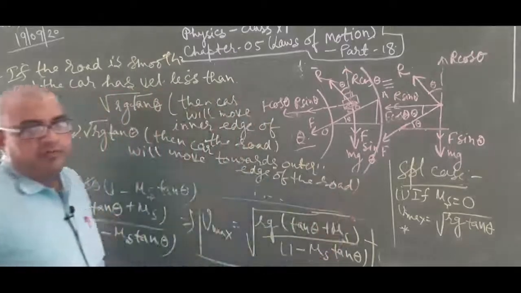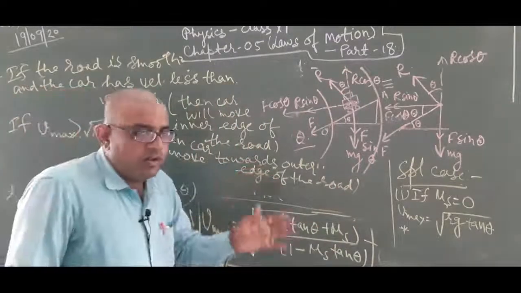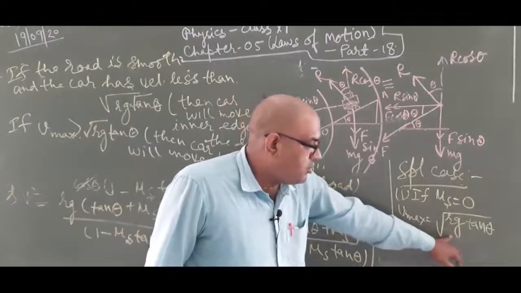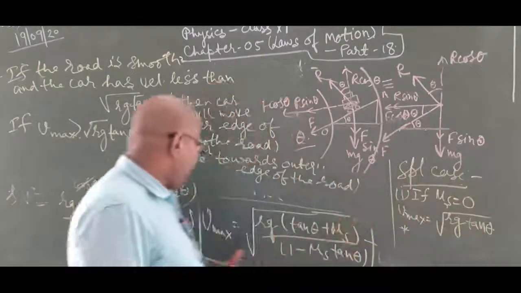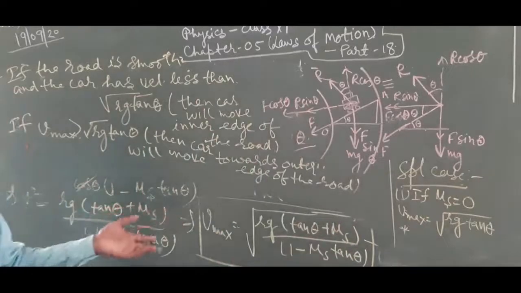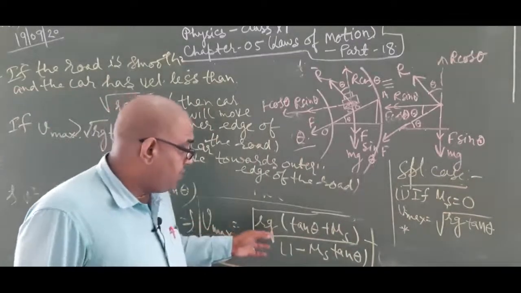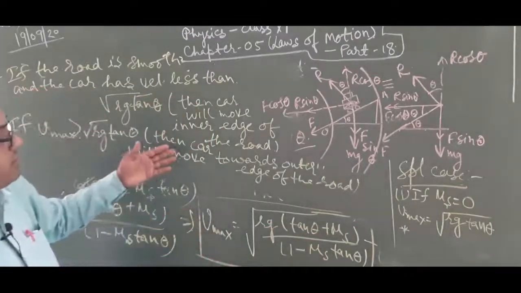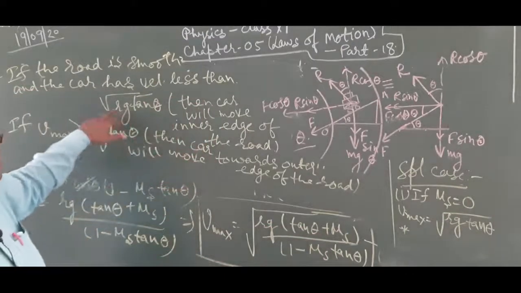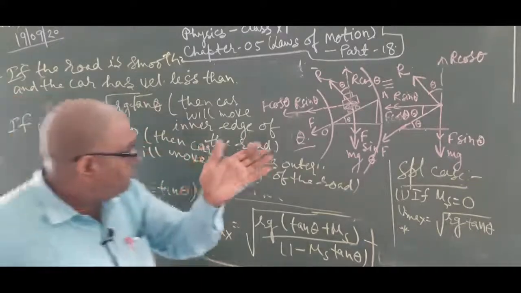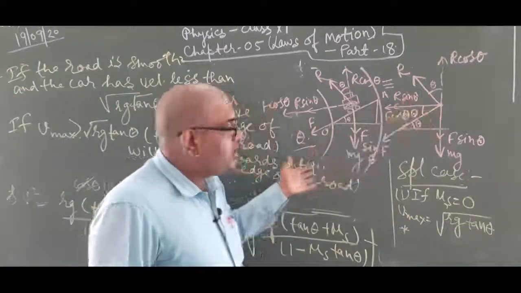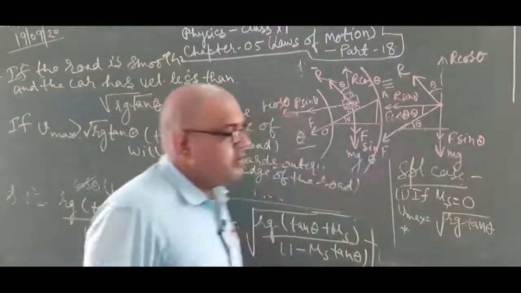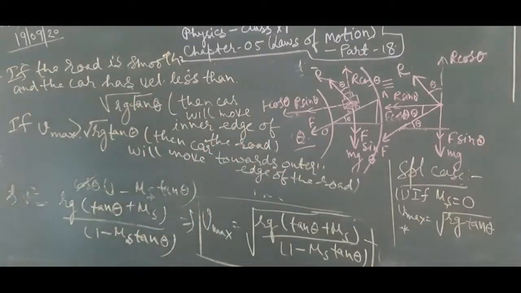Means for driving the car on the track, the velocity Vmax is equal to root of Rg tan theta for a smooth road, and if there is a certain friction, then its velocity will be different. If the velocity is less than root of Rg tan theta, it will move to the inner side, and if more, it will move to the outer side.